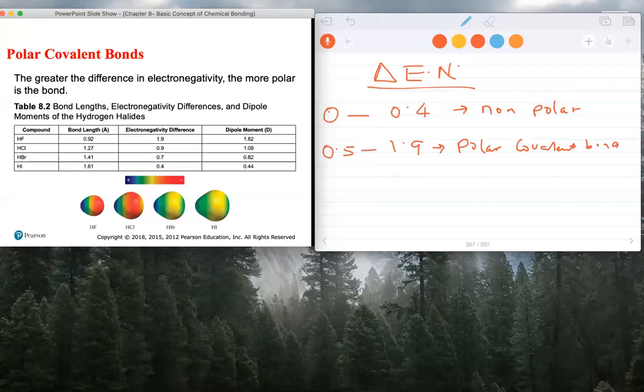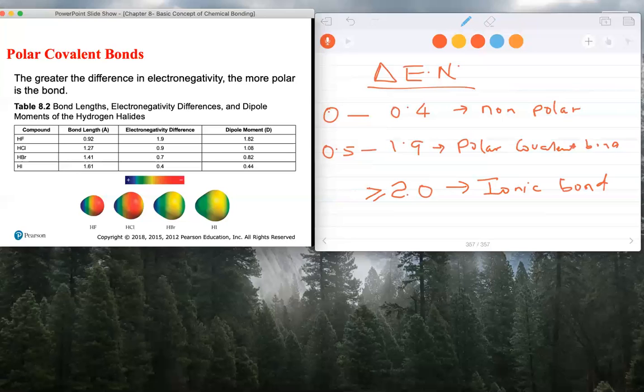And if it is greater than or equal to 2.0, that means 2.0 or greater, the bond is classified as an ionic bond.